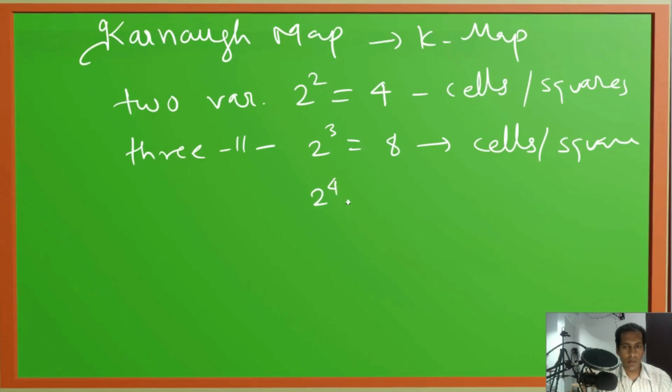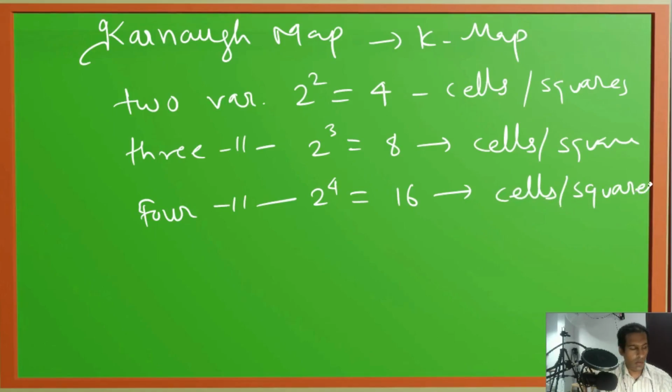Similarly, if we talk about 4 variables, we can have 2 to the power 4, that is 16 cells or squares, and so on.